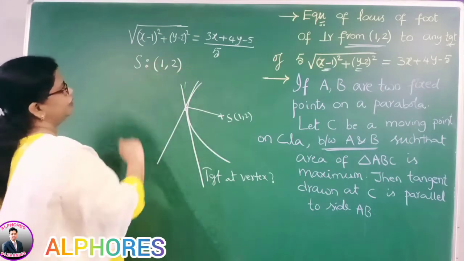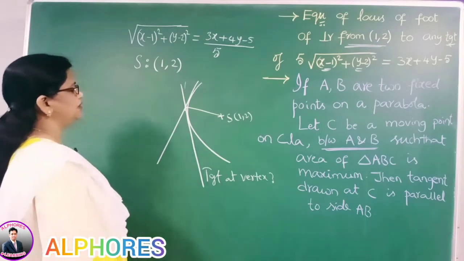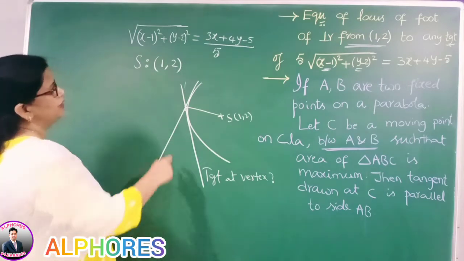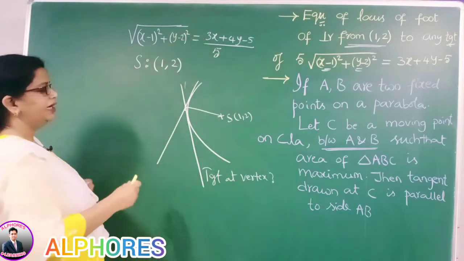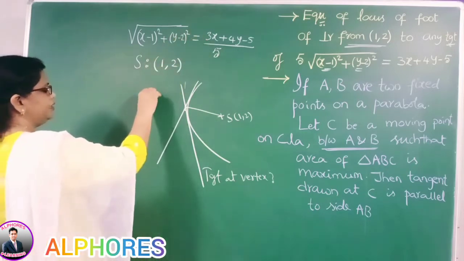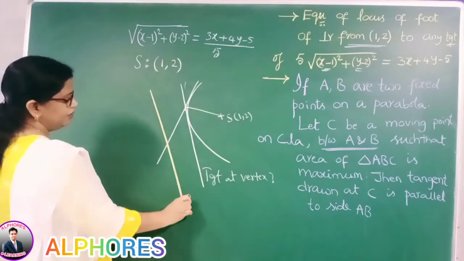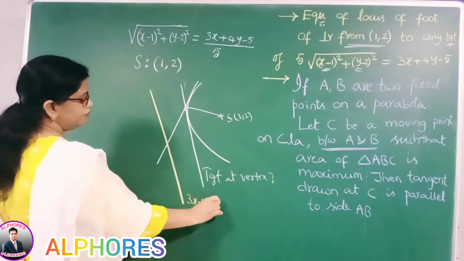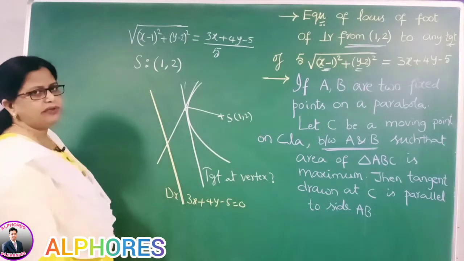So now how to find the tangent at vertex? Of course all of you know, earlier also we have done these model problems. Now this equation, which one is it representing? The directrix equation. Therefore the equation of the directrix is 3x plus 4y minus 5 equal to 0.